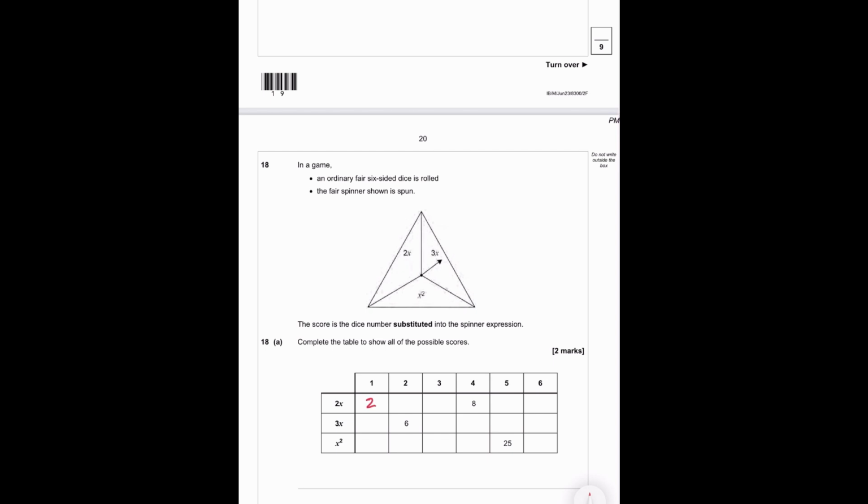If x is 1, 3 times x is 3. 1 squared is 1. So we're going to fill all these in. 4, 6 is already done. 4, 6, 9, 9. 8 is already done. 12, 16, 10, 15, 12, 18, 36.